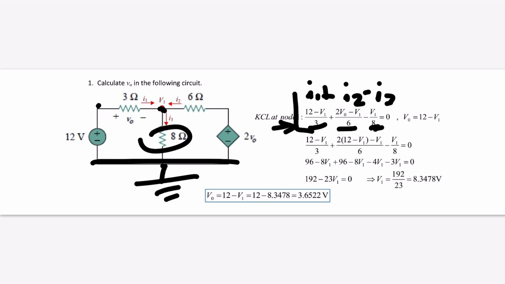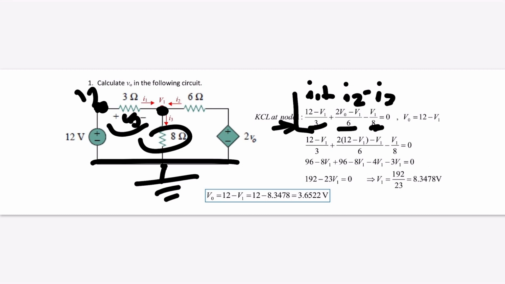From this, we can make another equation for V naught. What is V naught here? It is the voltage difference between this point and this point, just like I1.